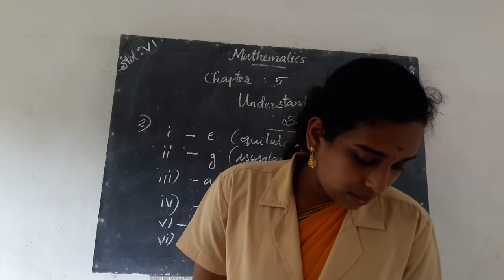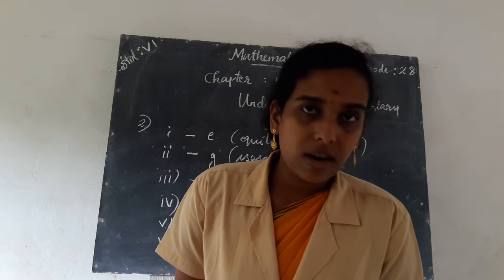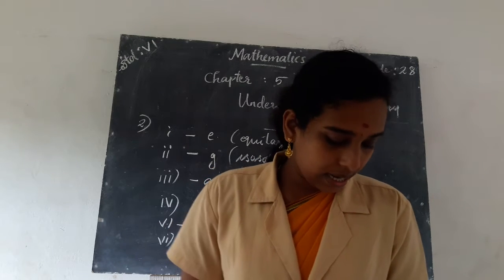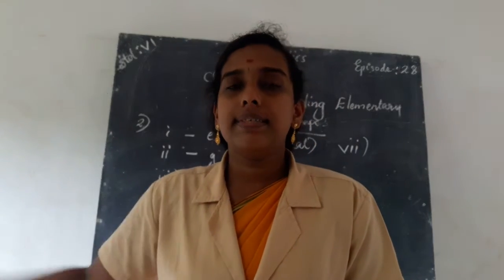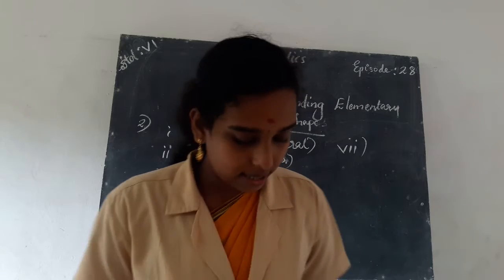Then the seventh one, one right angle with two sides of equal length. One right angle means a right angled triangle, and two sides are equal, so it is an isosceles right angled triangle.